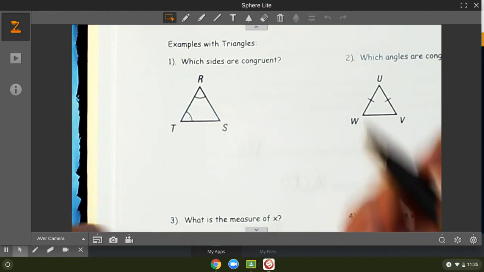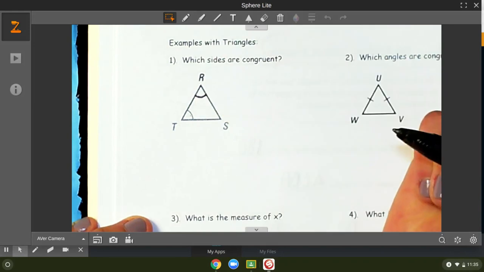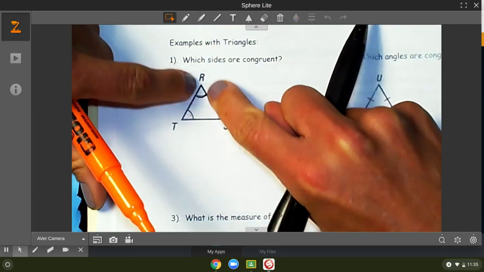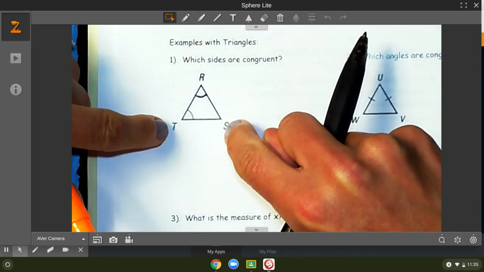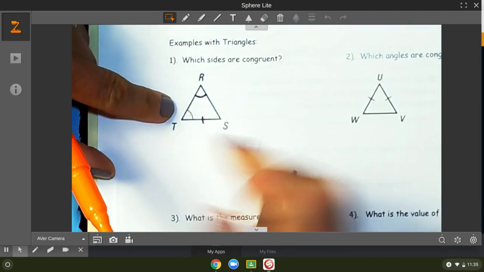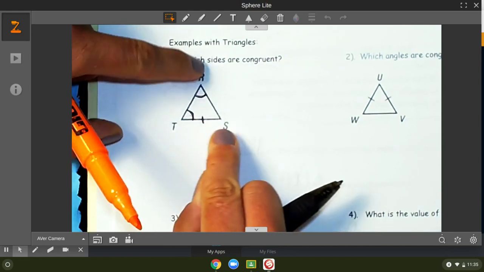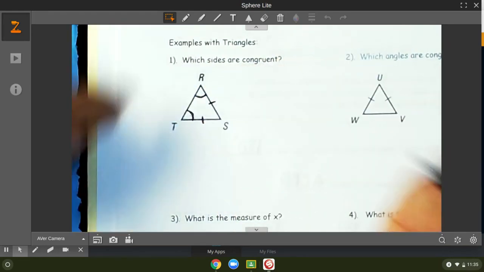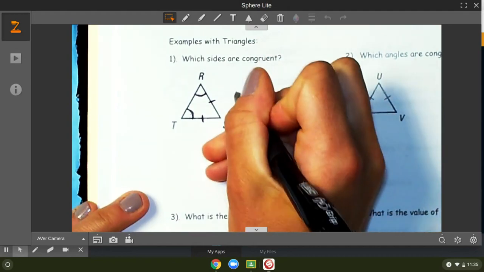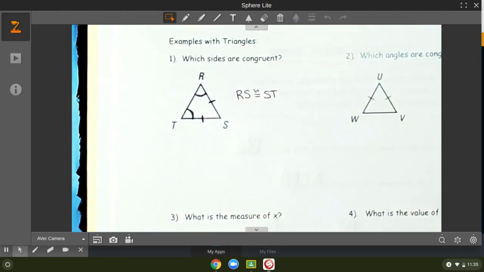Which sides are going to be equal? Well, it's the sides that are opposite the angle. Opposite angle R, you go all the way across, that would be side ST. And then our other equal angle is angle T. Which side is opposite T? That would be RS. So we mark those with dashes, or we could write out RS is congruent to ST.